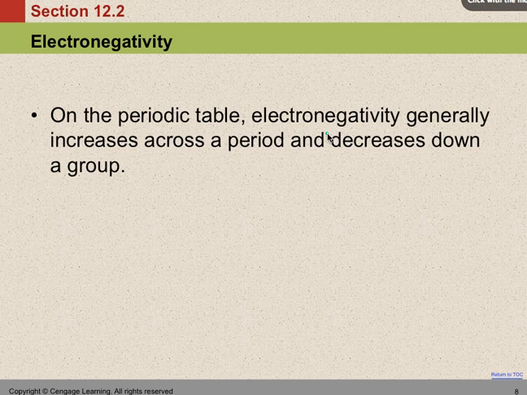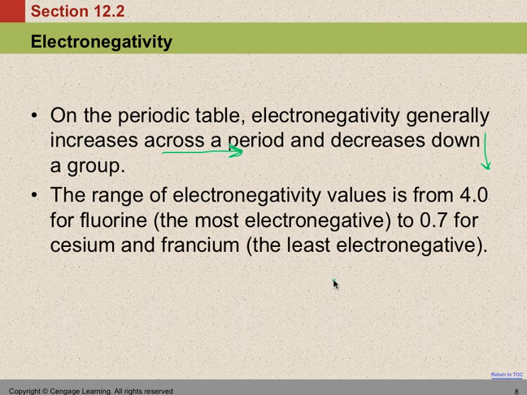On a periodic table, electronegativity generally increases going across a period and generally decreases going down a group. Think about the atomic radii and why this might make sense. The top number for electronegativity is 4, and that's for fluorine, the most electronegative, and 0.7 for the least electronegative.